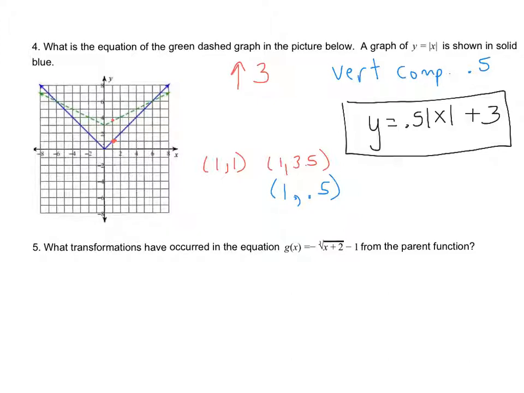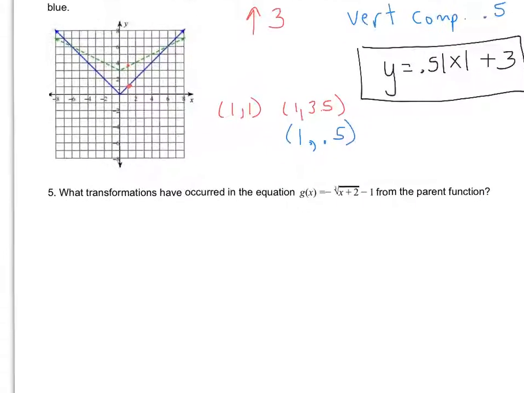So this last one talks about what transformations have occurred in the equation. g of x equals negative cube root of (x plus 2) minus 1. So there are 3 things that have changed. The first thing is that plus 2 on the inside, and I'm always going to start on the inside just to make things easier.